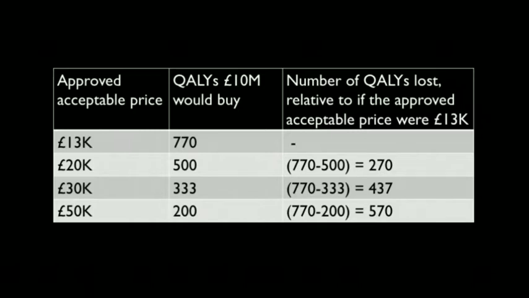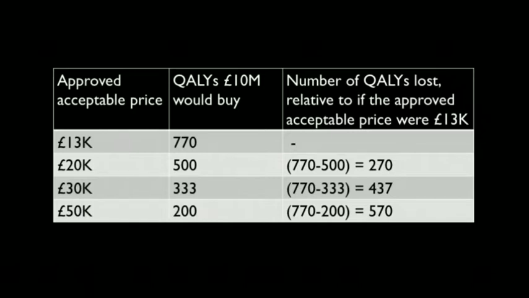Column number 1 of the table is the approved acceptable price. These are, again, hypothetical situations where in the first row, the UK says we're only going to give people drugs if the drug buys us one QALY at £13,000 or less.